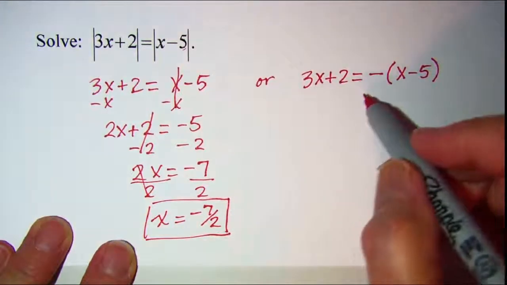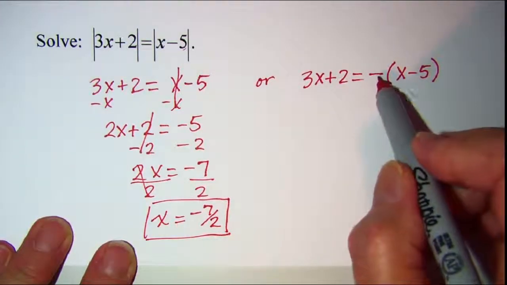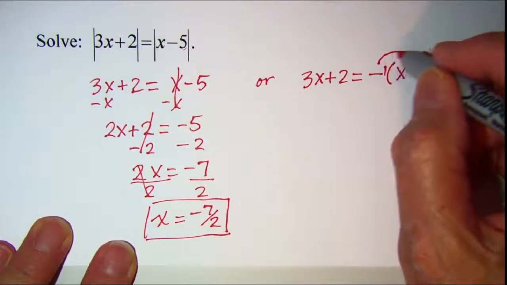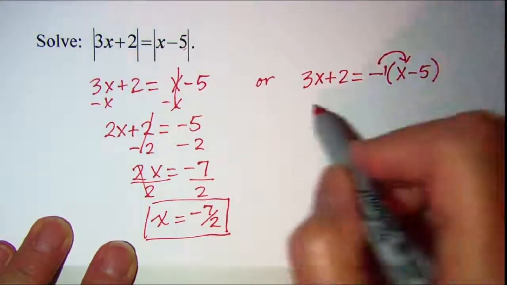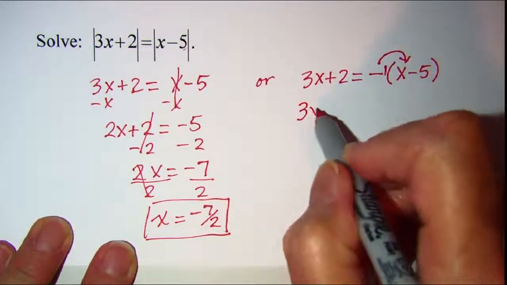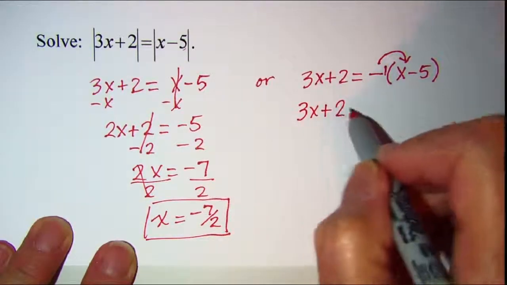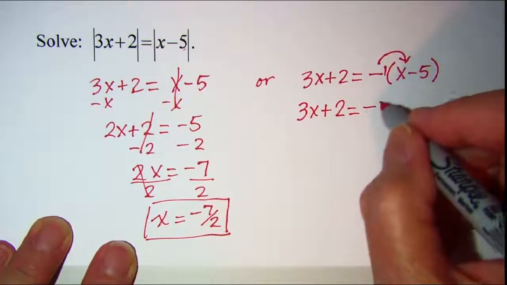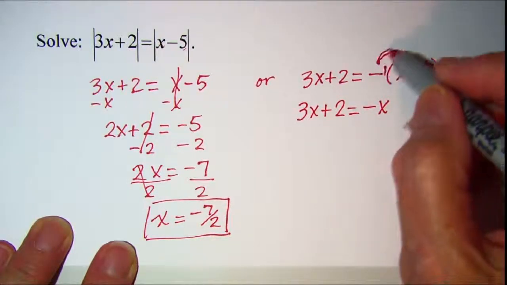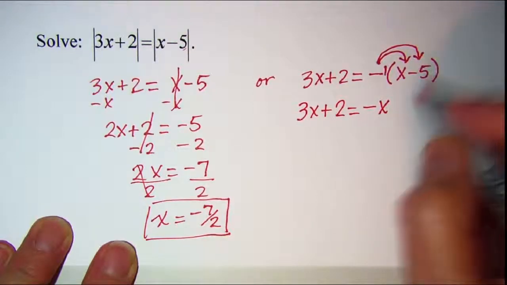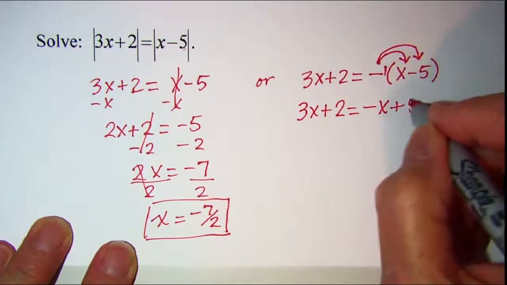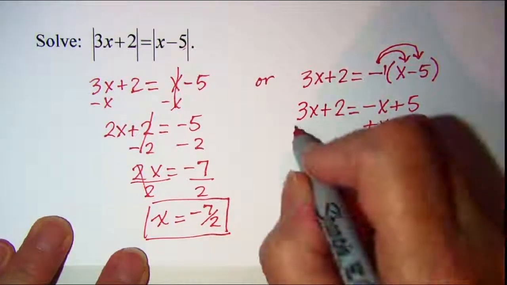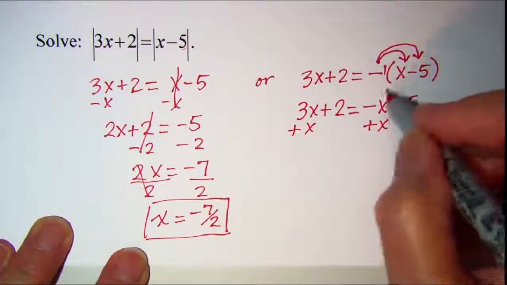Then on my other equation, let's distribute. This is like a negative 1, and I'll distribute that through the parentheses. So let me copy my left side. 3x plus 2 equals negative 1 times x is negative x. And then negative 1 times negative 5 is a positive 5. Add x to both sides. These will cancel.